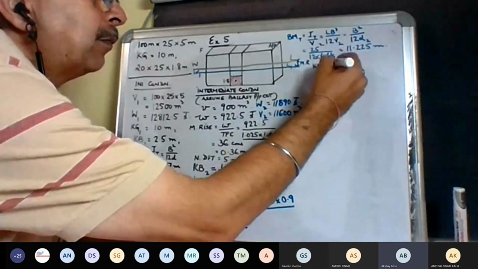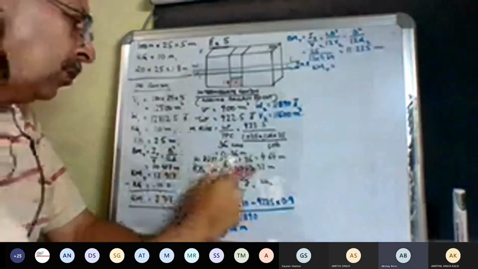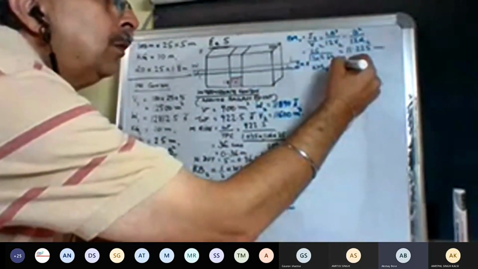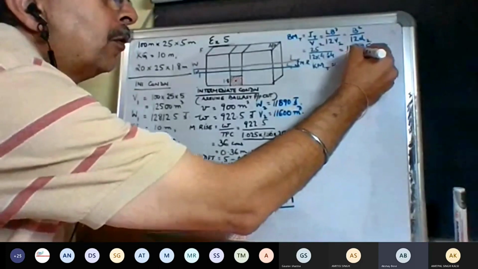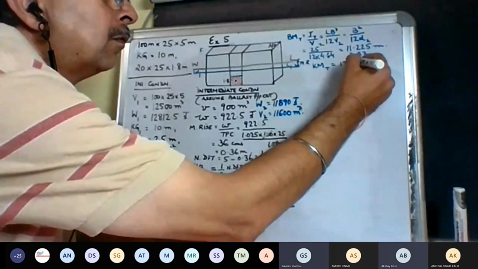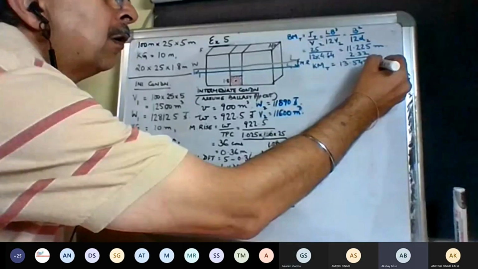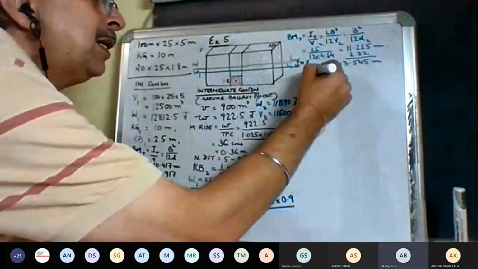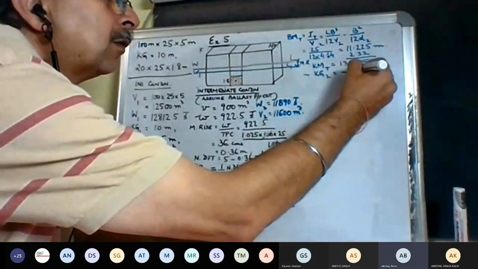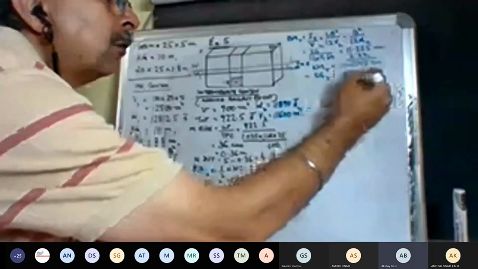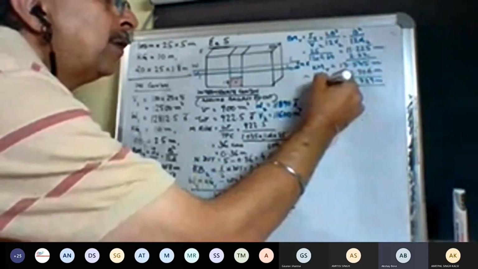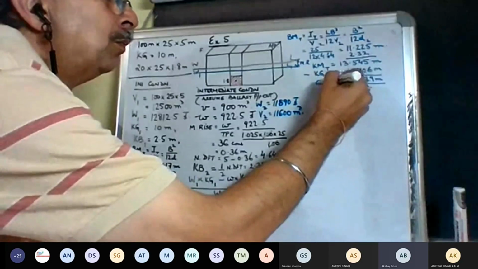So how much is KMT? This plus 2.32, KMT is 13.545. 13.545 minus KG2, which I found out was 10.706, is 2.839. 2.839 is the GMT, or GM2.